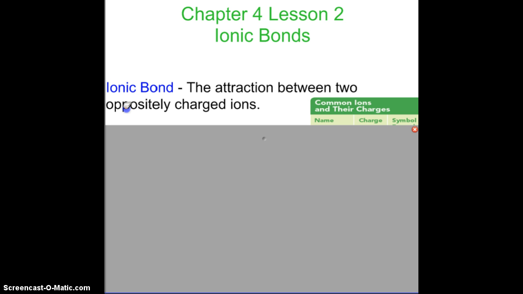An ionic bond is kind of its name, the definition. Two ions, typically two oppositely charged ions. Probably your first question, what in the world is an ion, right?